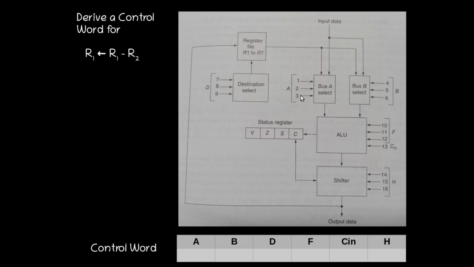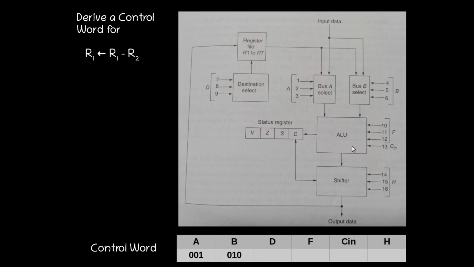So we need to give the 001 code here to select the R1 register, and to select the R2 register we have to give the 010 binary bit pattern to these select lines. That is, corresponding to A 001, and corresponding to B we have to give 010.